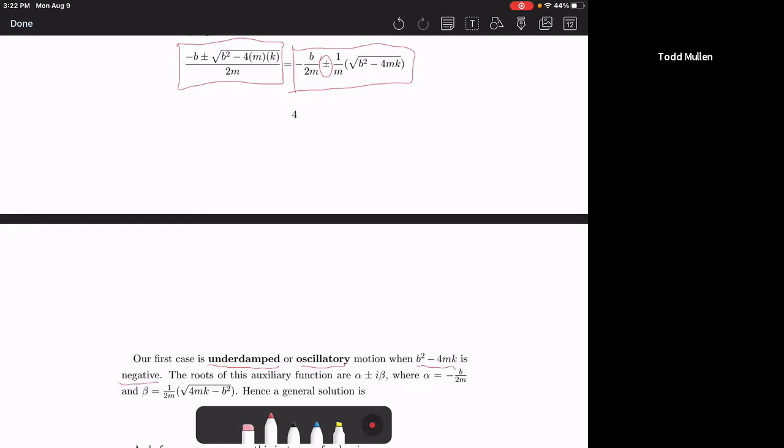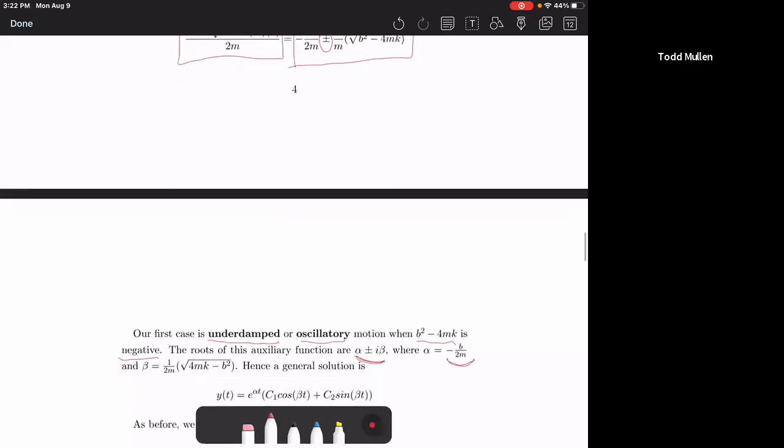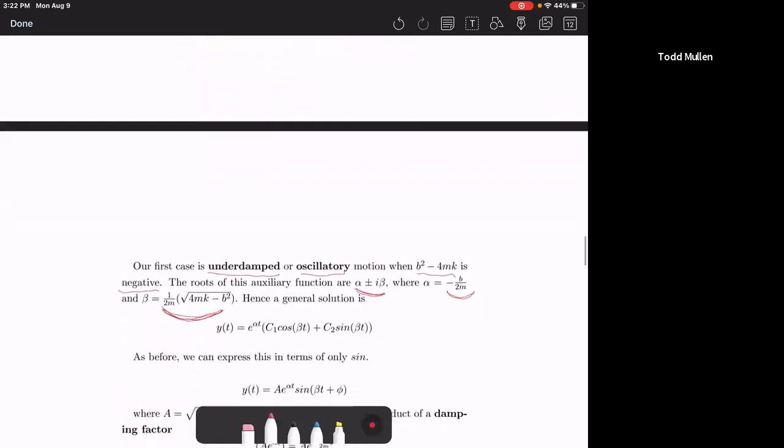So here you can think of this as having no real roots, because the roots of this auxiliary function are alpha plus or minus i beta, where alpha is negative b over 2m, and beta is 1 over 2m times the square root of 4mk minus b squared. This is, again, stuff we went over in section 4.3, talking about these complex roots.